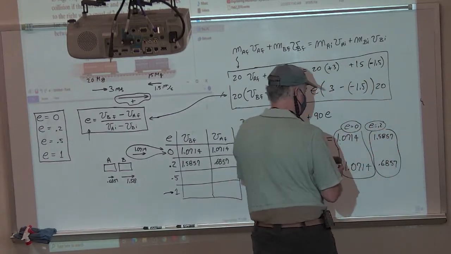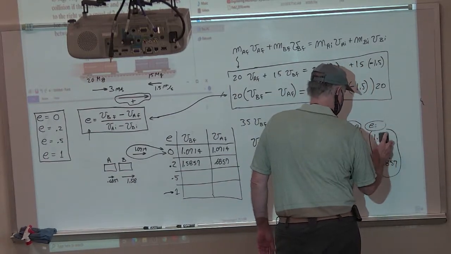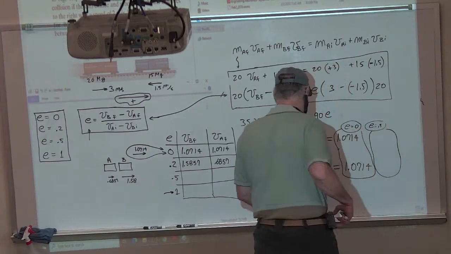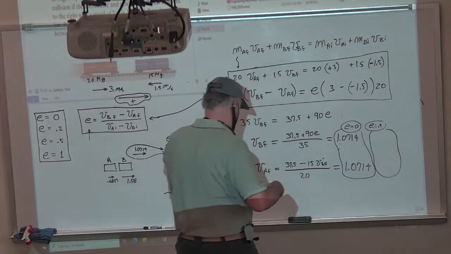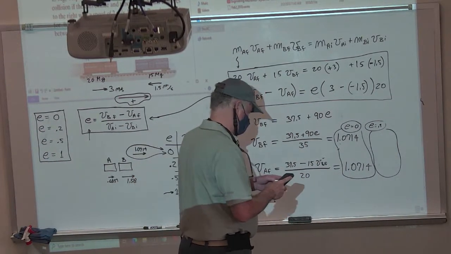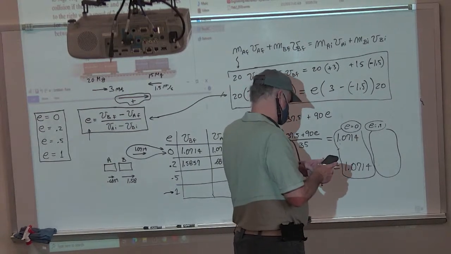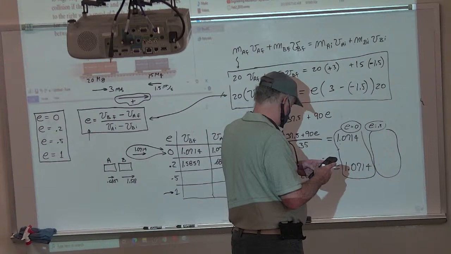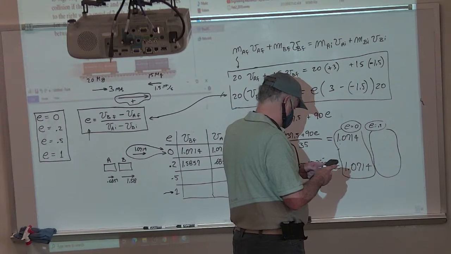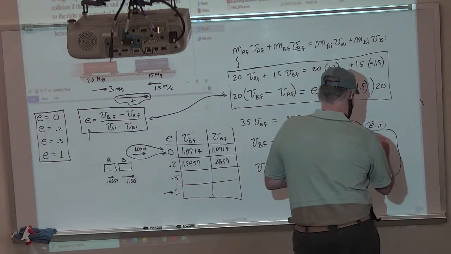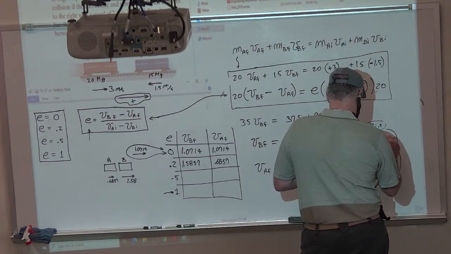Here, I've got this down, so what I'll do, 0.5. We'll go through, figure this out for 0.5. Now it's 0.5. 2.357.